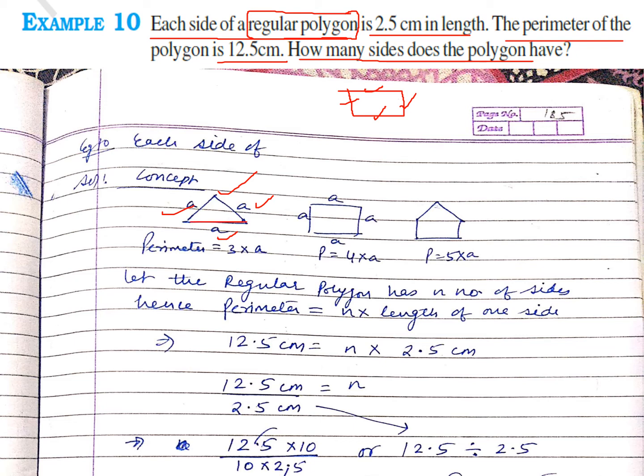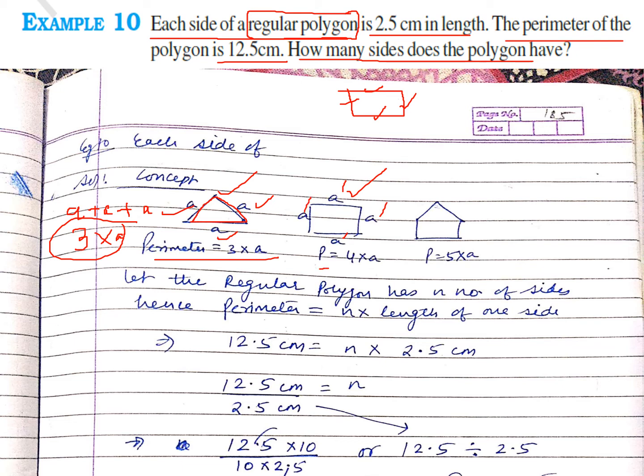A plus A plus A, and we know we can write A plus A plus A as 3 into A, because multiplication is repetitive addition also. So we have got the perimeter as 3 into A. Similarly, if we have a square, again all sides are equal. We can say the perimeter is A plus A plus A plus A.